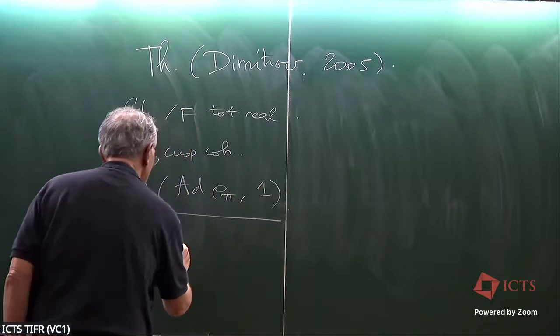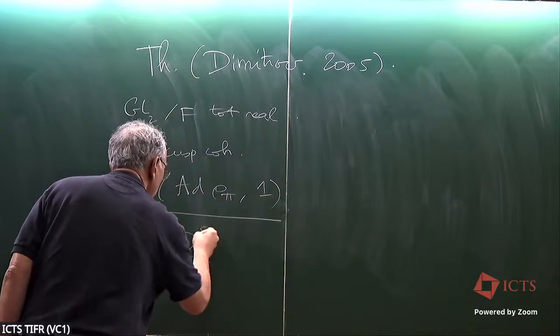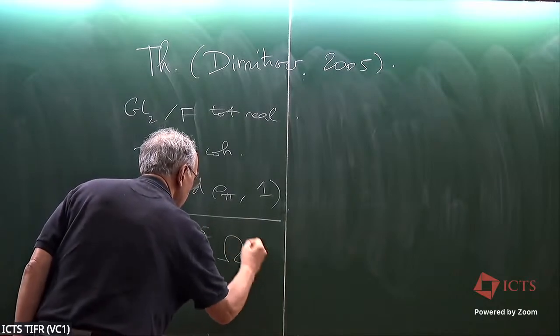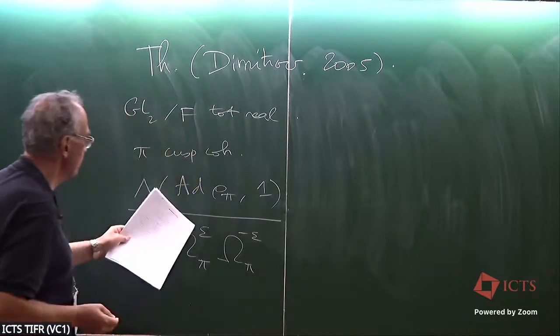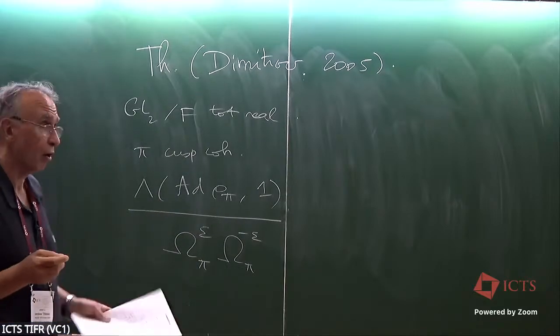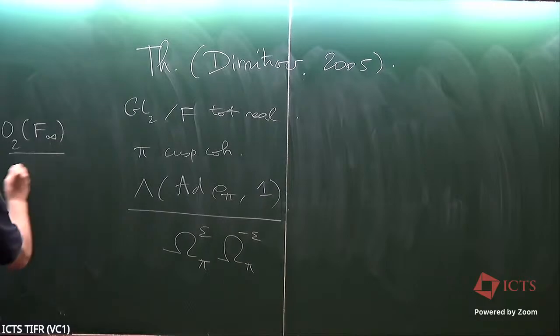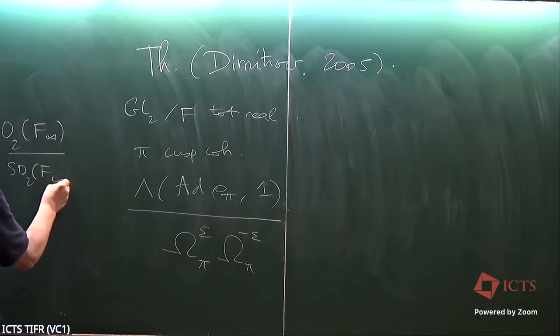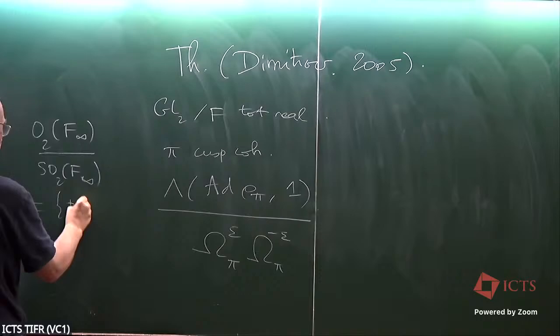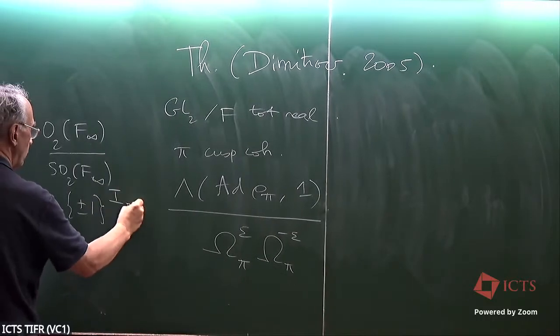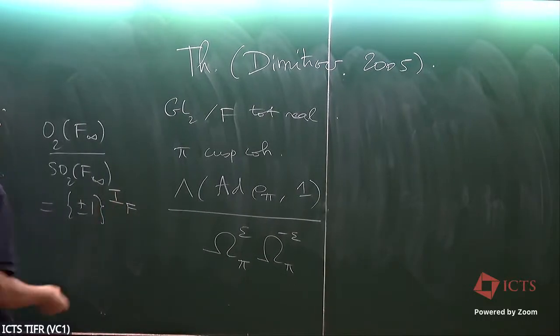You have the periods which I called omega pi epsilon and omega pi minus epsilon. So epsilon is a character of the group O2 of F infinity modulo SO2 of F infinity, which is plus minus 1 to the power I_F, the set of embeddings of F into Q bar.